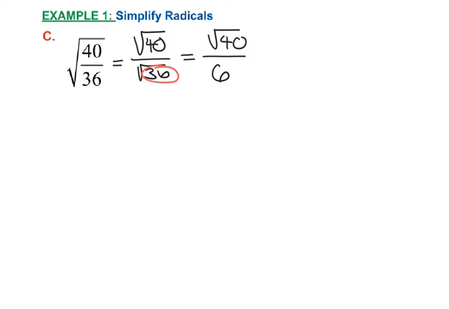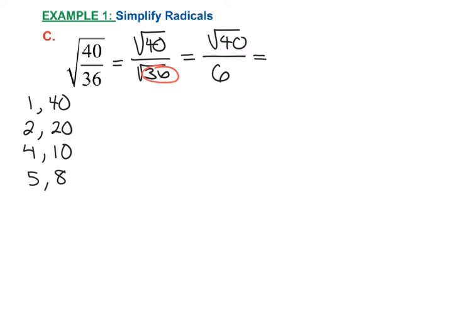So now we can talk about the numerator. Does 40 have any factors that are perfect squares? So let's write down the factors of 40. 1 and 40, 2 and 20, 4 and 10, 5 and 8.